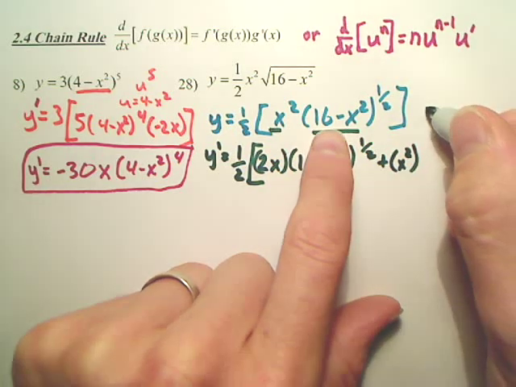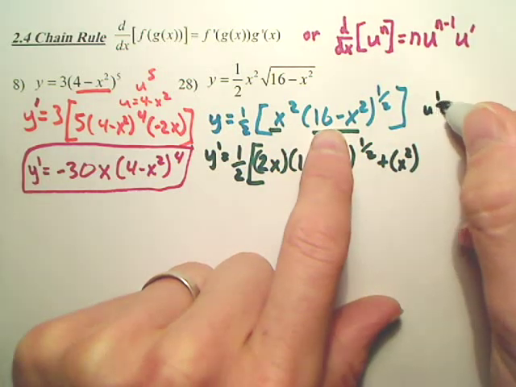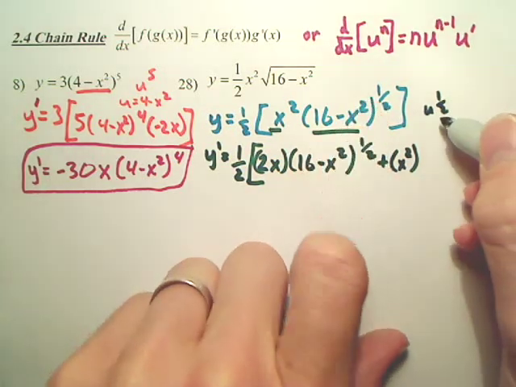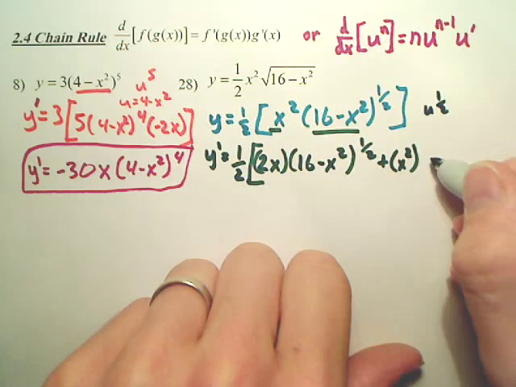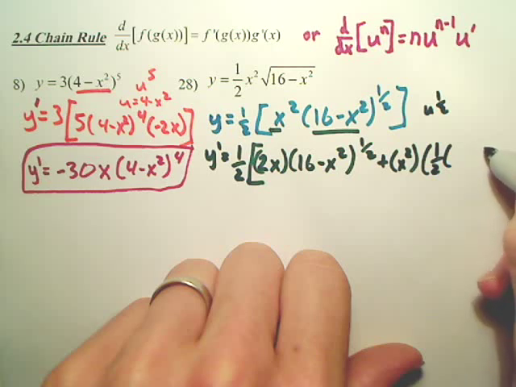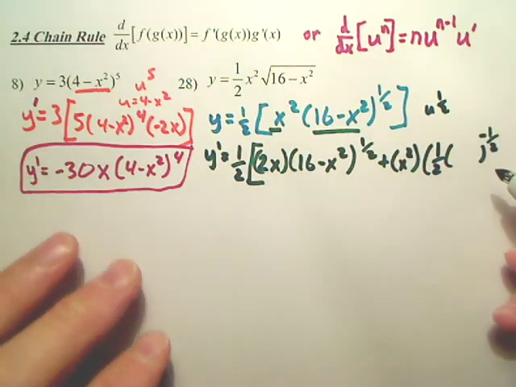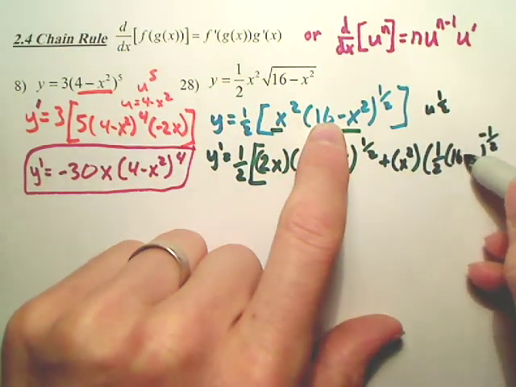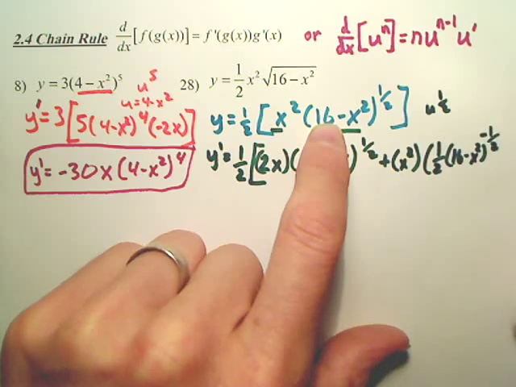Do you see right here, you have u to the 1/2? So how do you derive u to the 1/2? It's 1/2 u to the negative 1/2. And what's u? U is still 16 minus x squared.